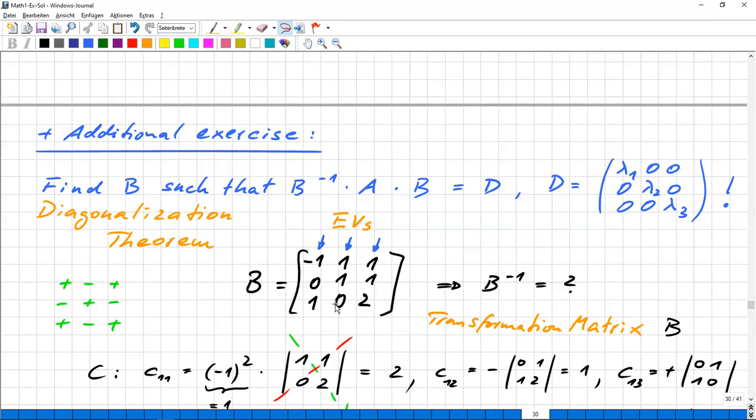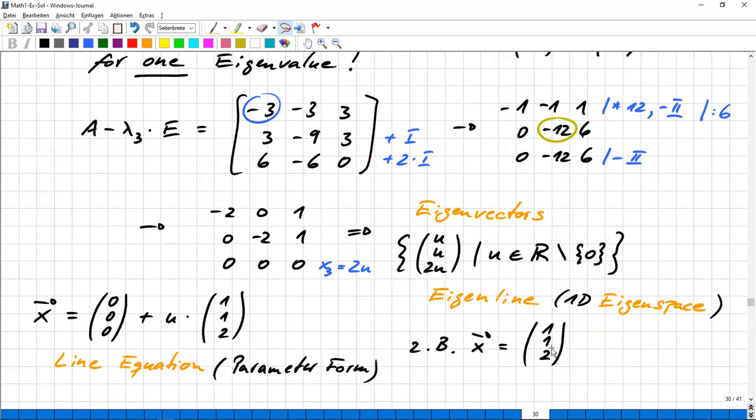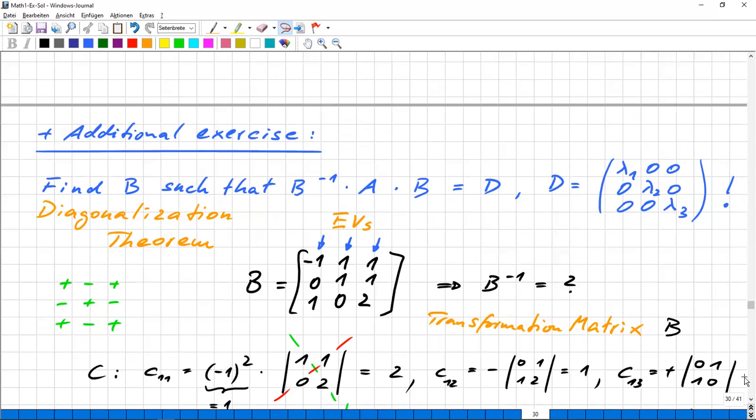I must admit one should take a little care for this to be a right-handed system of basis vectors, perhaps. They span the vector space, but that's not so important now. And this one, 1, 1, 2, is the one we just found for eigenvalue 4. So if we use them in this order, we can also expect the eigenvalues to appear in the corresponding order.